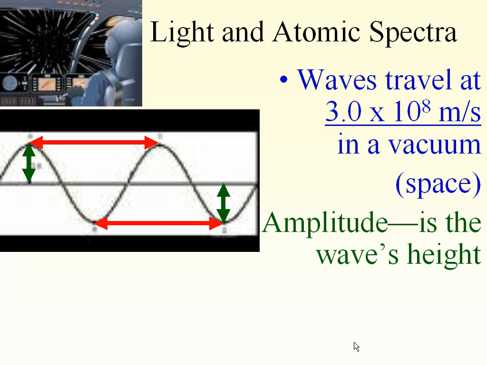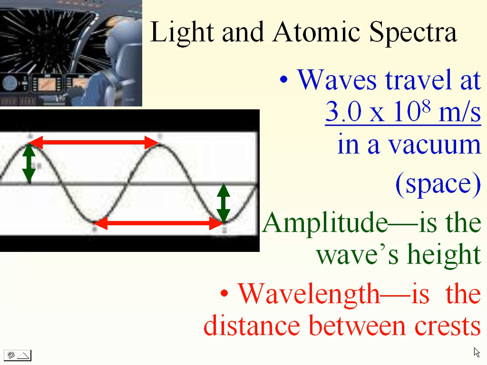Amplitude is the wave's height, from origin to crest, or from origin to trough. Wavelength is the distance between crests. You can use the troughs, or you can use the amplitudes for the crests.